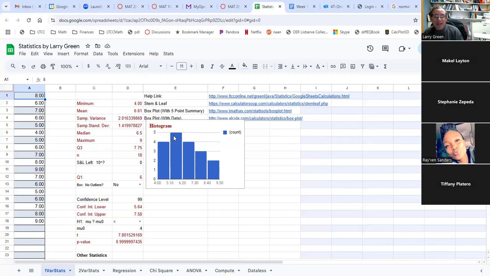Mode is the high point, the most frequent. So this has one bar that's higher than any of the others. By the way, if we had a different histogram and I told you it was bimodal, what would that tell you? Yeah, that would mean there's two bars that are the highest and they're equal to each other. So just some language.